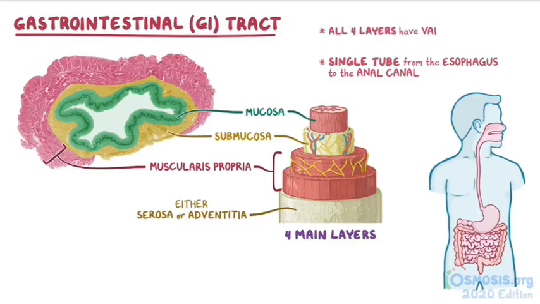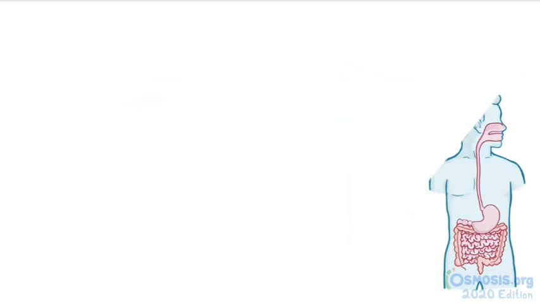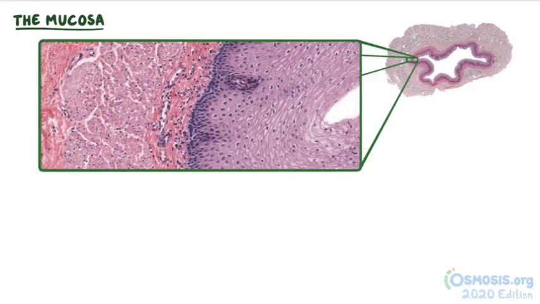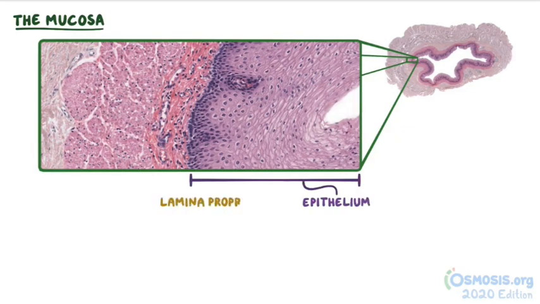All four layers have variations of their structure and function in different regions of the GI tract, but the mucosa is the layer that typically has the most significant changes. The mucosa of the esophagus consists of three main layers. At 20 times magnification, we can see each of the layers more clearly: the epithelium, lamina propria, and muscularis mucosa.